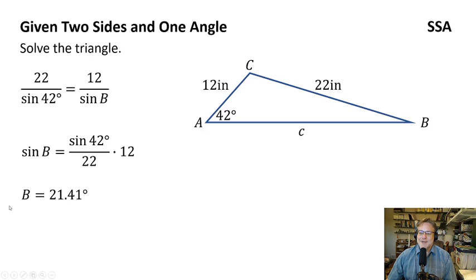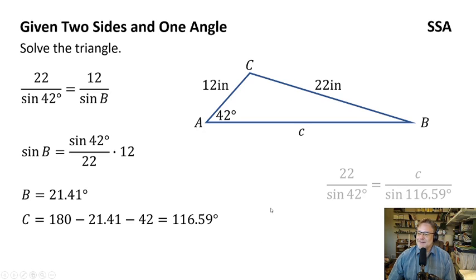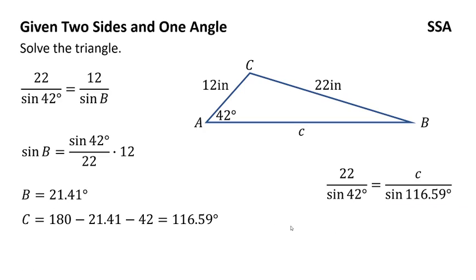And so in this case we get B is equal to 21.41 degrees, and we can find out from that what C is. C is going to be 116.59 degrees. And then we can use that to find out what side C is, the only remaining side that we still haven't solved for. And when we do that, we get C is equal to 29.4 inches.